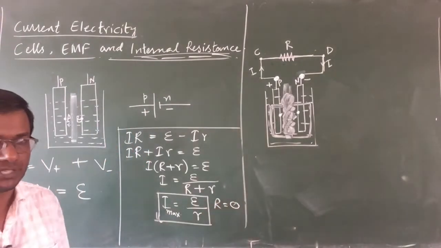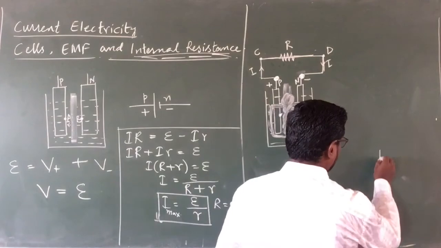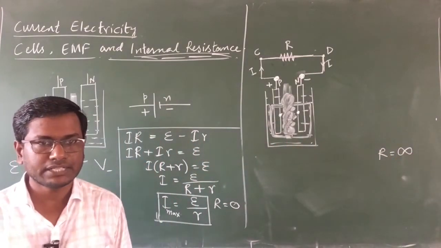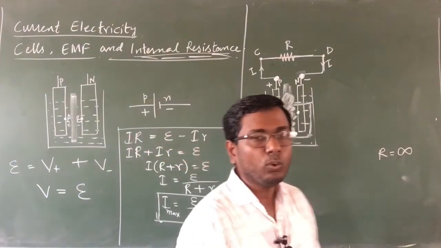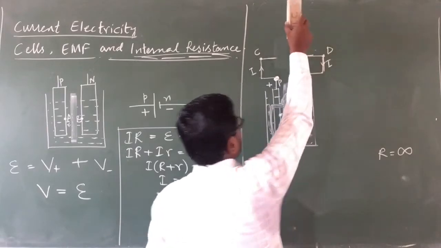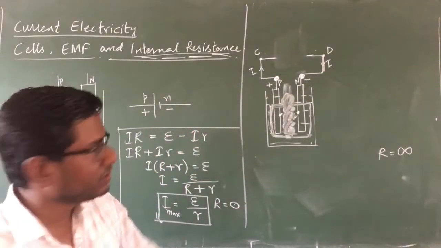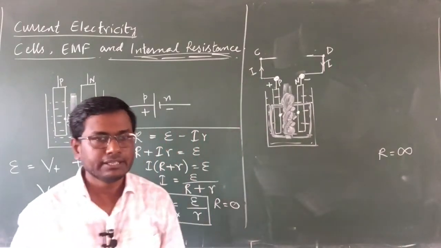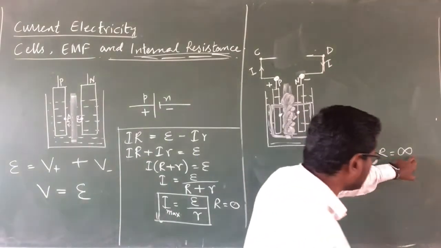There is another possibility in which R becomes infinity. That is called an open circuit. That means there is no connection between the positive terminal and the negative terminal. In that case, R becomes infinity.